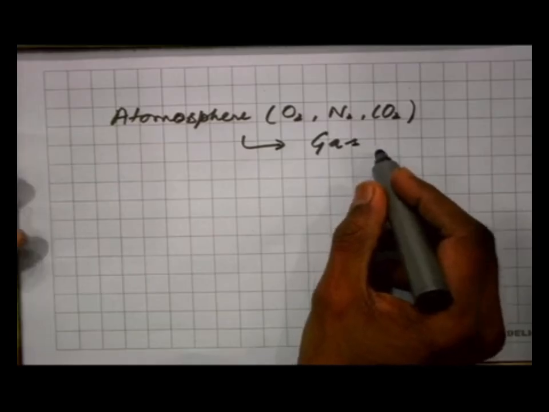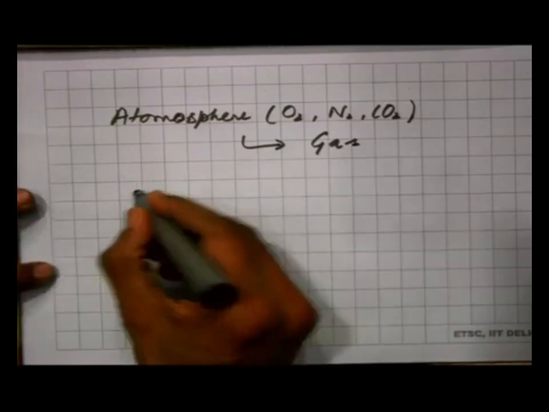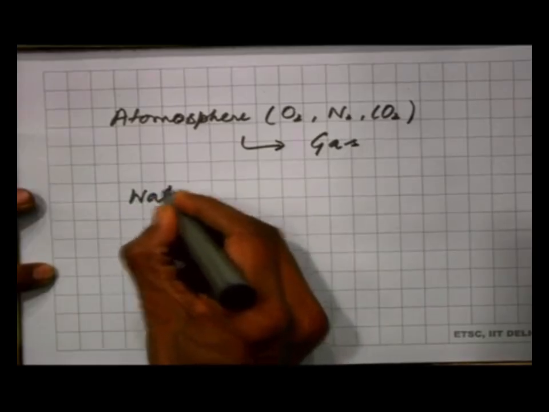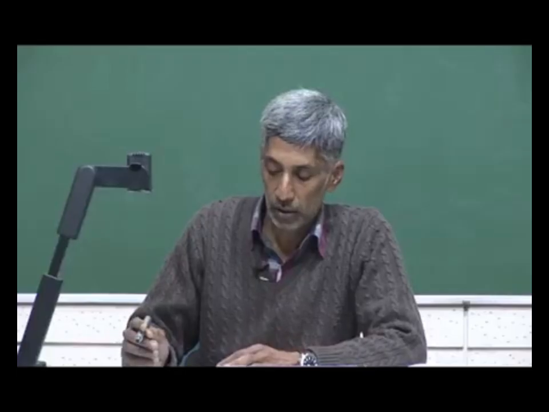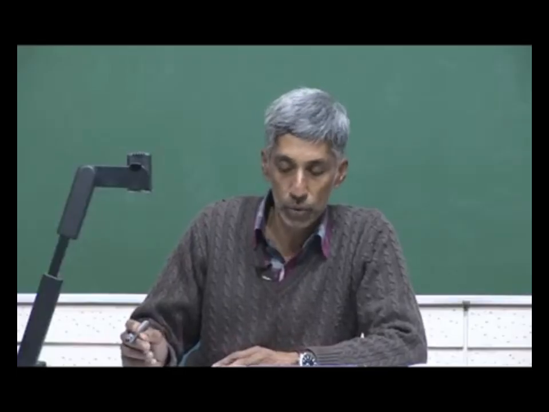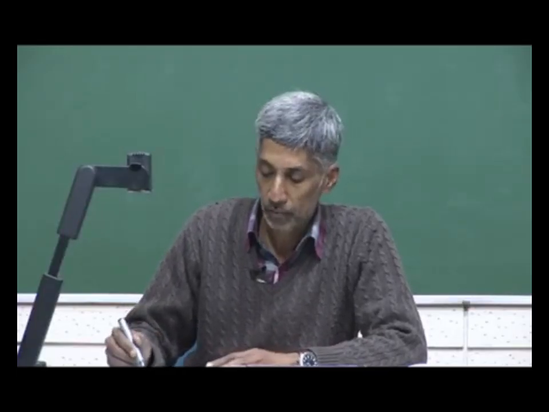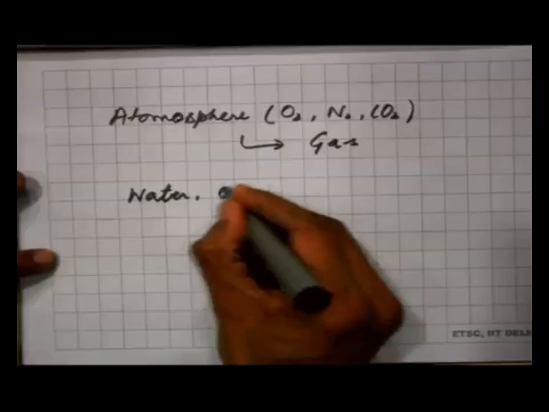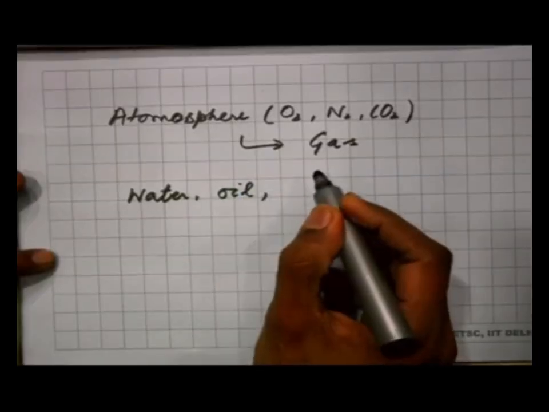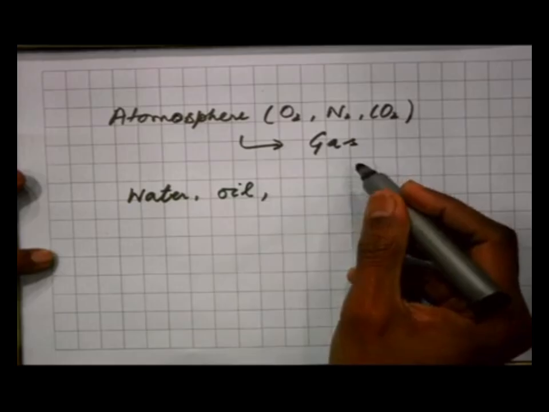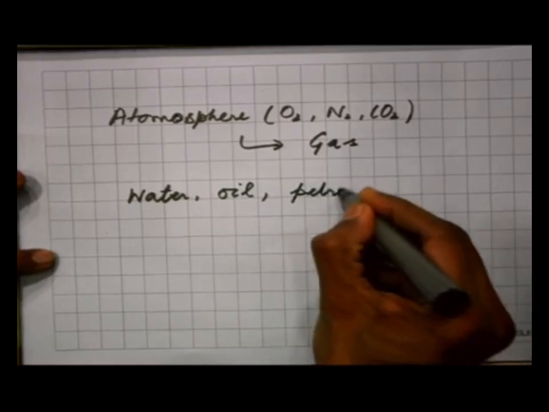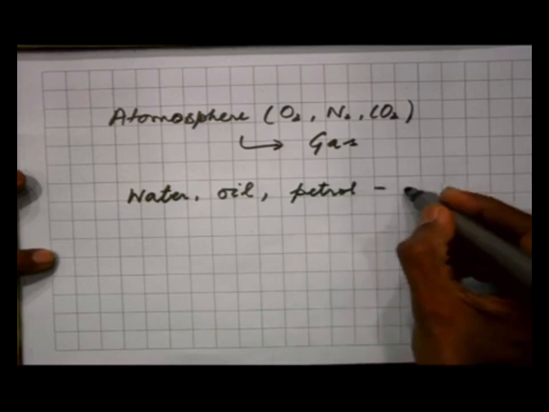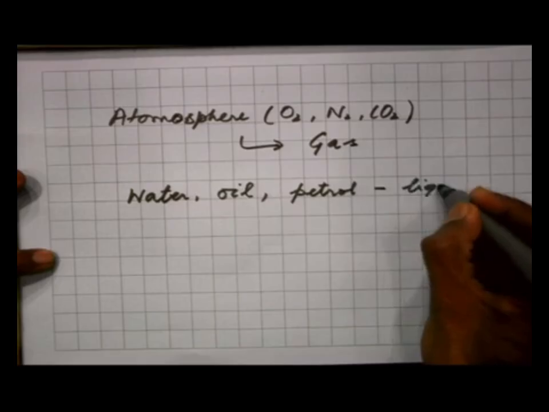The next most important thing in our lives is water. So, if you look around you, or you walk into the kitchen, then you find water. The other thing that you will find in the kitchen is oil, and if you happen to have an automobile, then you will probably be interested in gasoline. These are all liquids.